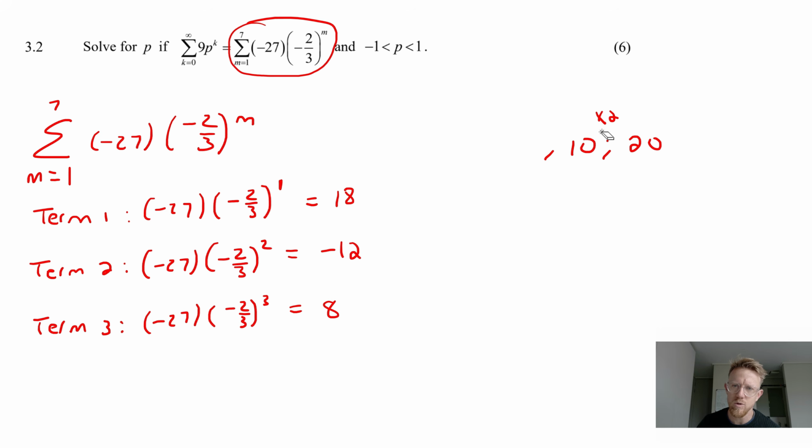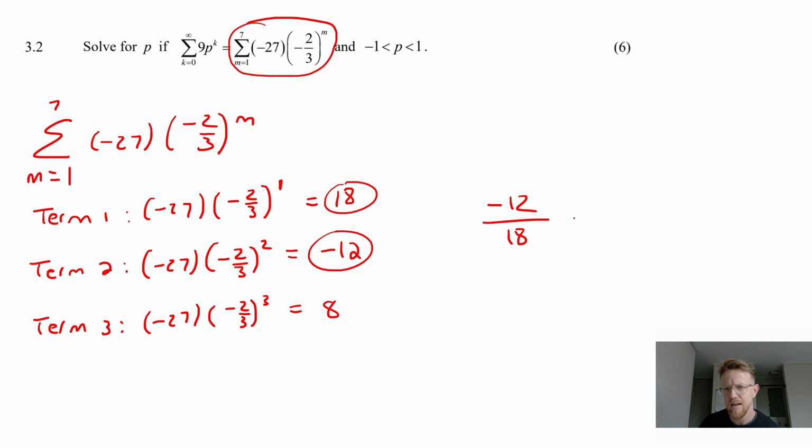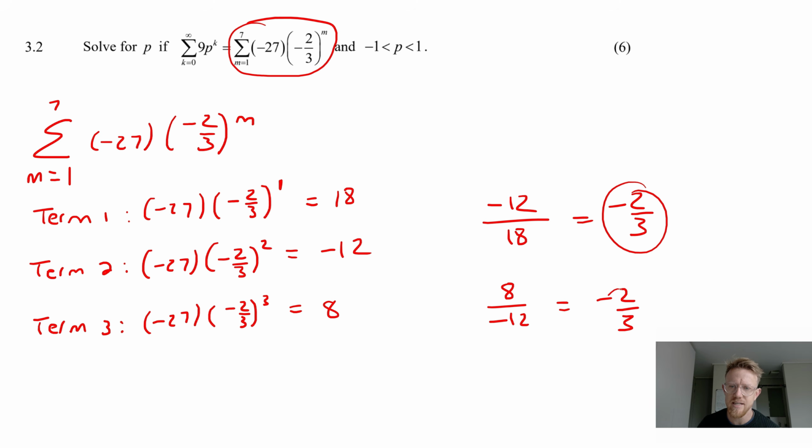So we'll start off by saying minus 12 divided by 18, and that'll give you negative 2 over 3. Then we do it for these two: 8 divided by minus 12 gives you negative 2 over 3 as well. So we can confidently say that this is geometric.